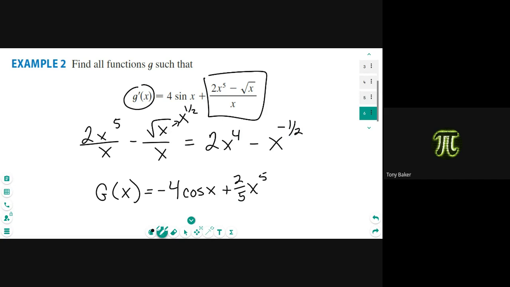1.5. Almost. Yes. 1/2 power. So it's going to be x to the 1/2 power, because that's adding 1, right? Divided by 1/2.